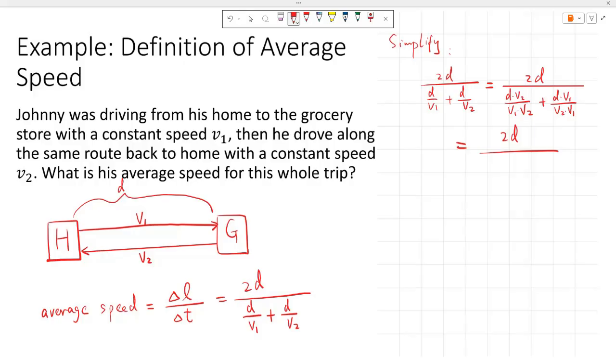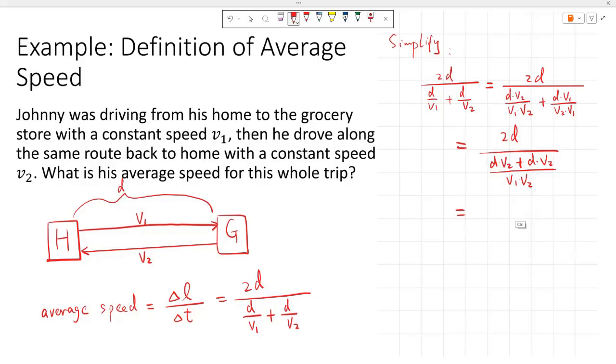Okay, so we can put d times v1. Actually, you know what? It doesn't matter. We can go with the v2 here since that was the first numerator. d times v2 plus d times v1 over v1 times v2. Now, just to make our life a little bit easier, let's factor out the d here and there.